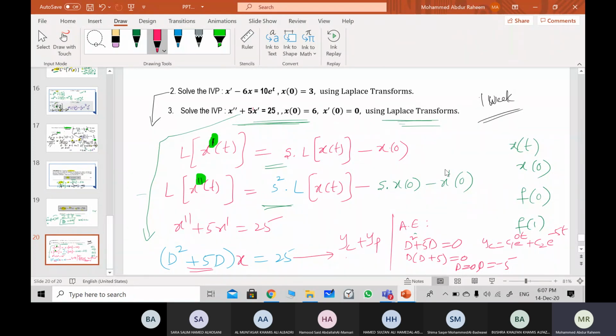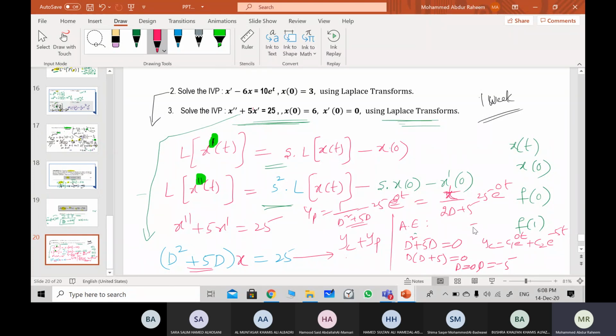What is yp from chapter 4? You know yp is 1 over (D squared plus 5D) of 25. We take e to the power 0 t. We can write 0 here because it is the derivative. If we differentiate, how much? t divided by 25 e to the power 0 t.